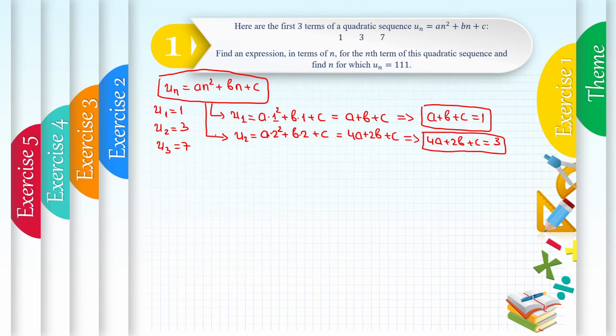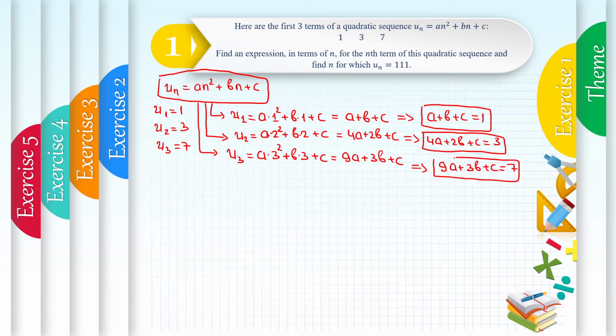Next, we are going with the third term, u3 is equal to a multiplied by 3 squared plus b multiplied by 3 plus c, which in fact is 9a plus 3b plus c. And we get that 9a plus 3b plus c must be equal to 7, because the third term of our sequence is 7.